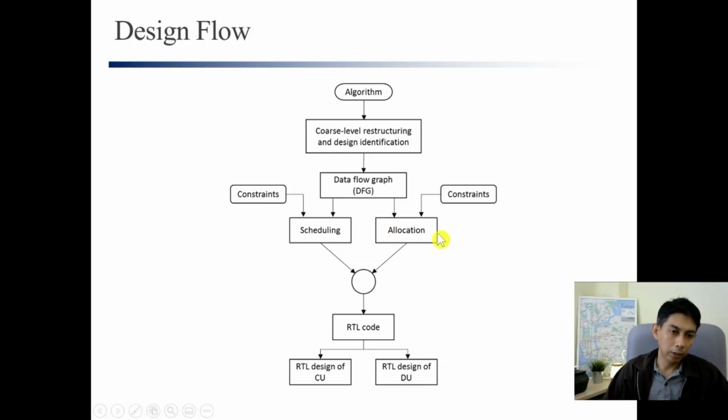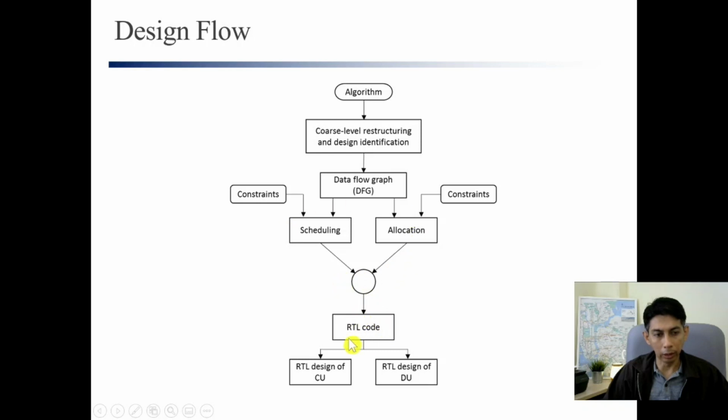And the allocation is to map the process into the hardware resources: how many registers, how many adders you need to have, how many multipliers, subtractors, and so on. So we allocate the process to the hardware unit.